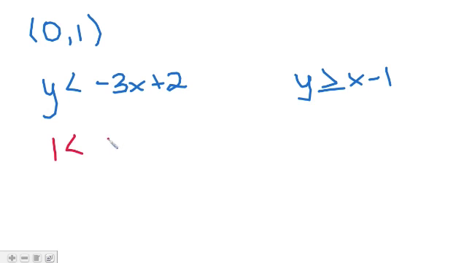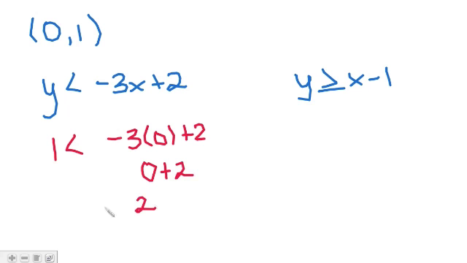All right, well, let's plug in our x here, which is 0. -3 times 0 is 0. We have 0 plus 2, which is 2. y is less than 2. Yep, that checks.